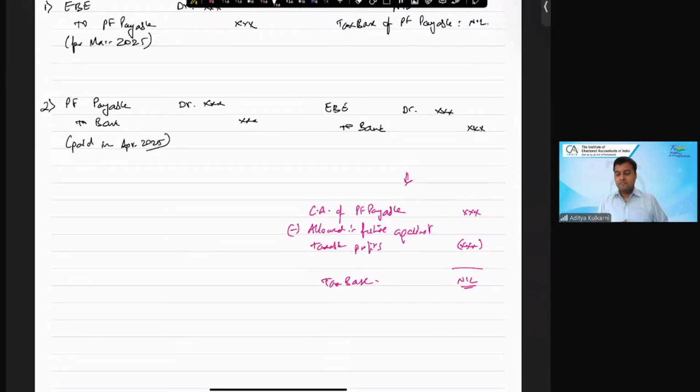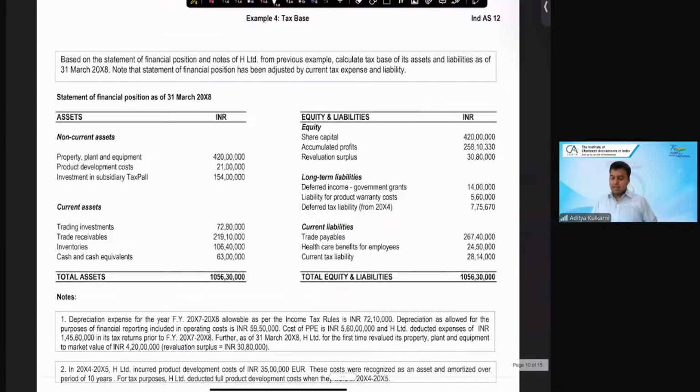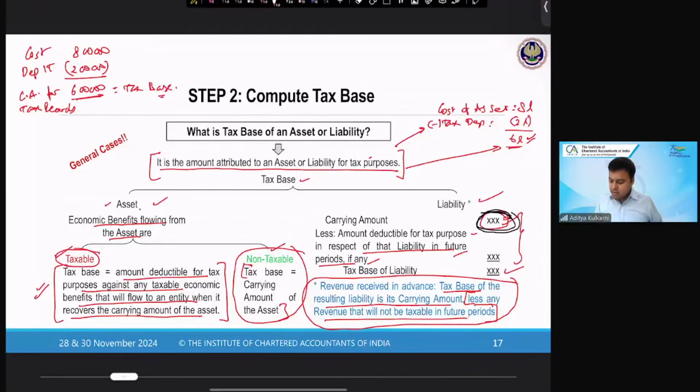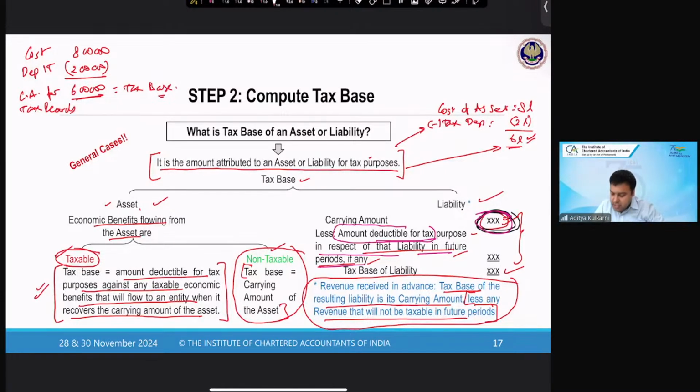This becomes your tax base. Do you agree to this? Yes, sir. This is nothing but the definition which is given here. Carrying amount minus amount deductible for tax purposes in respect of that liability in future periods. Are you able to understand? Yes, sir. So carrying amount, it was there, but when it is paid, I will get complete deduction of that.